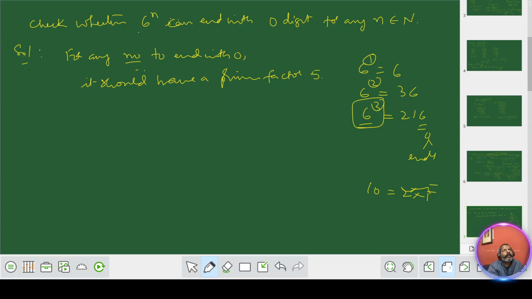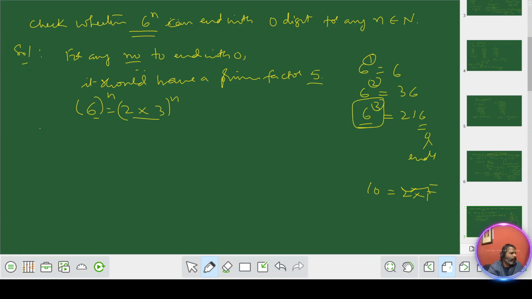How do you find prime factors for 6 to the power n? We cannot find for 6 to the power n directly, but we can find for 6, right? 2, 3, taken n times. So just observe the factors of 6. Here we have 2 and 3 as factors. There is no factor 5 to make the number end with 0.